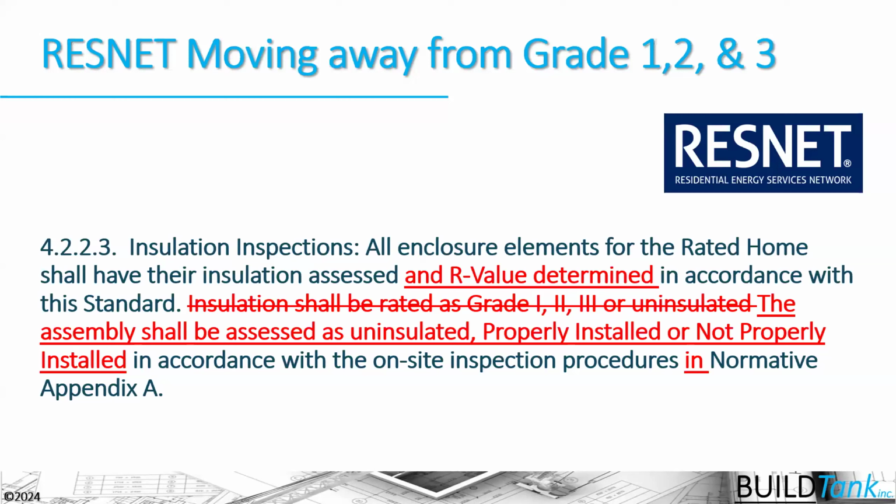In that system, grade 1 is the only grade that's equivalent to manufacturer instructions and the requirements of the code. But ResNet is currently in the process of redefining their insulation assessment for their software compliance and development of an energy rating index score, specifically the ResNet Energy Rating Index score.